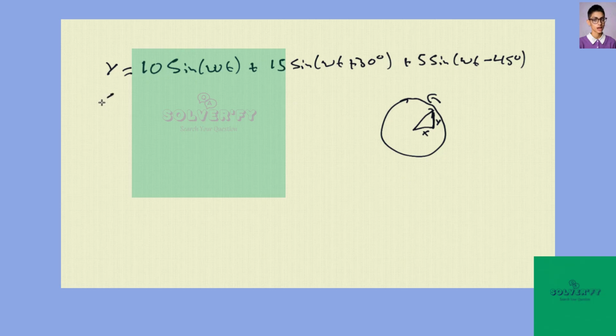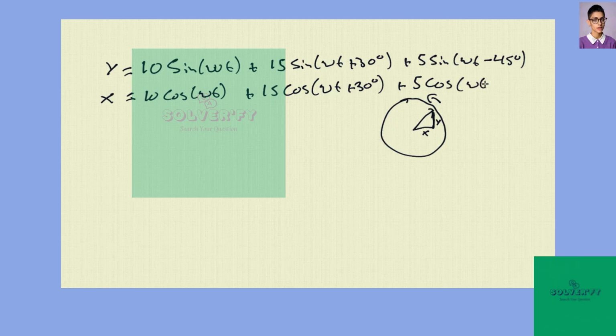The x component is the same thing, but it's going to be the cosines: 10 cosine omega t plus 15 cosine of omega t plus 30 degrees, plus 5 cosine of omega t minus 45 degrees. And so you just add these like vectors.